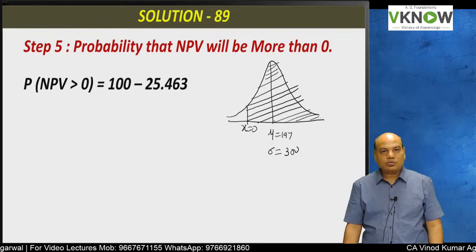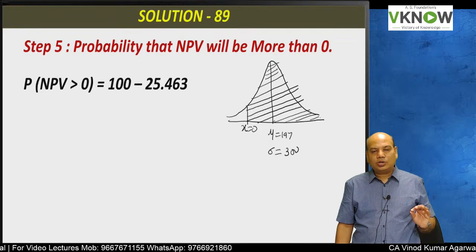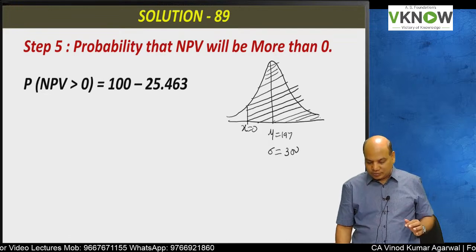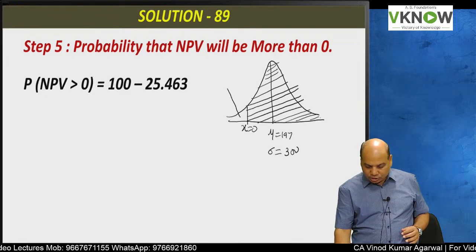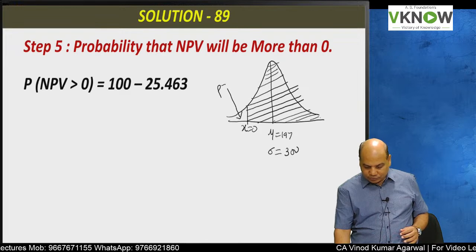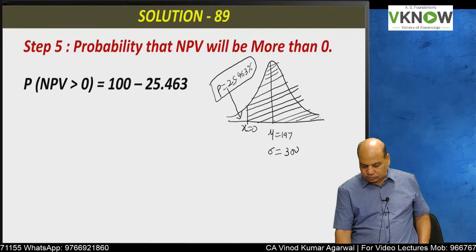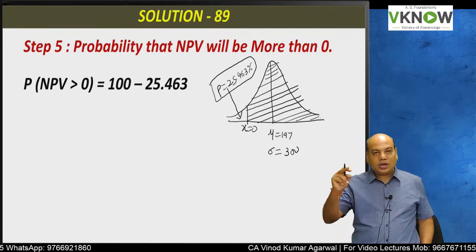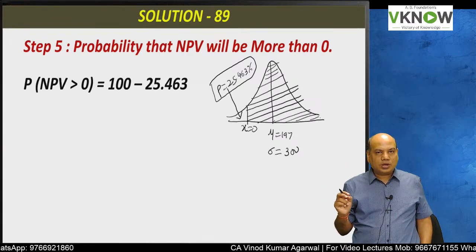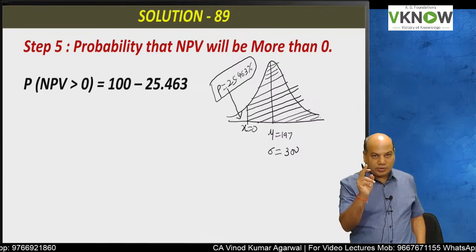Now the student has to be smart, we don't have to do the same thing again and again. The probability of this area in the previous question you have computed is 25.463%. Total area under the normal distribution curve has probability 1.